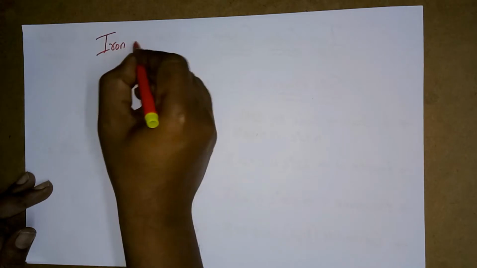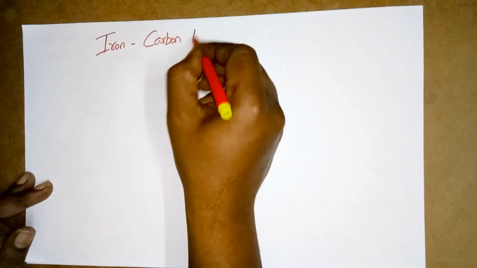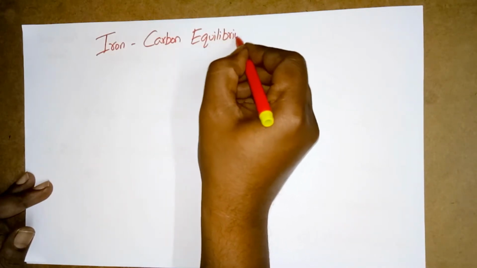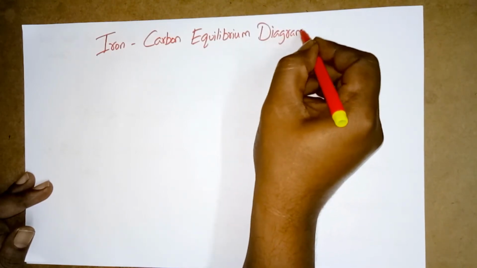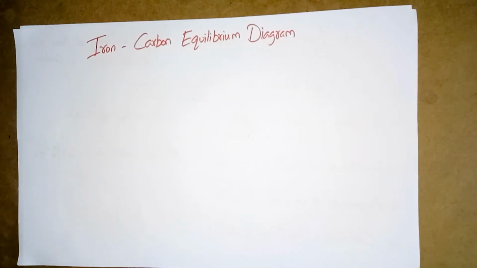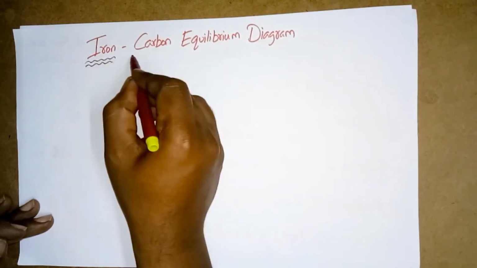So first we will write here: iron carbon equilibrium diagram. With the help of the diagram we'll come to know how many stages are involved.